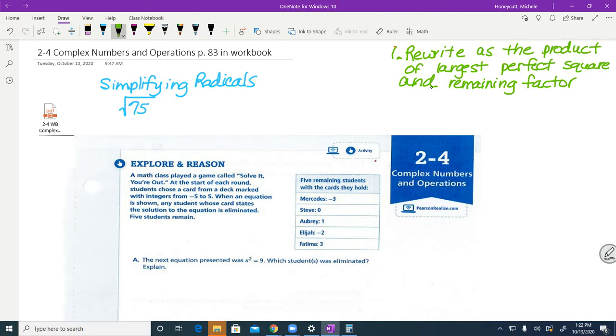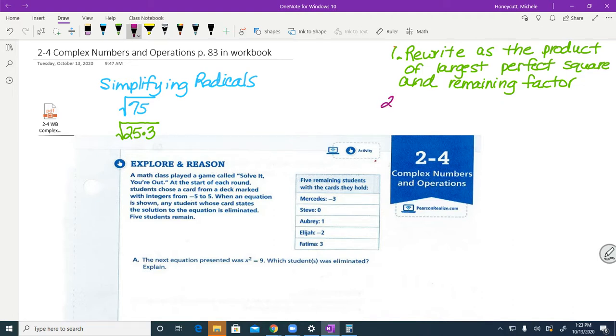So I think about the square root of 75, and I think about the largest perfect square that will divide evenly into 75. So I'll write that as the square root of 25 times 3, because 25 is a perfect square and it divides evenly into 75. Now 25 times 3 means the same thing as 75. It just looks different. I'm not changing the meaning, I'm just changing the form.